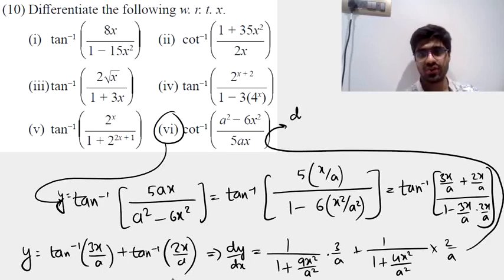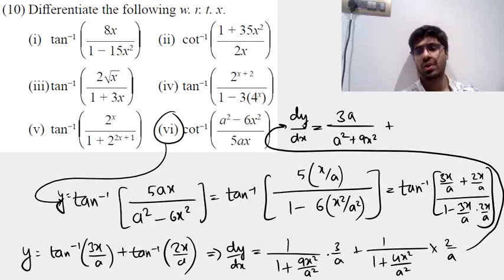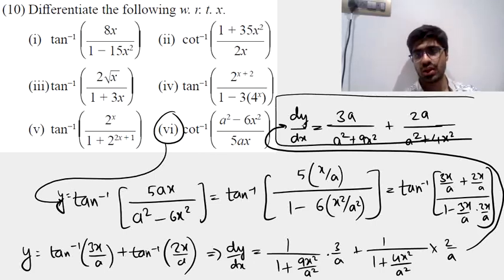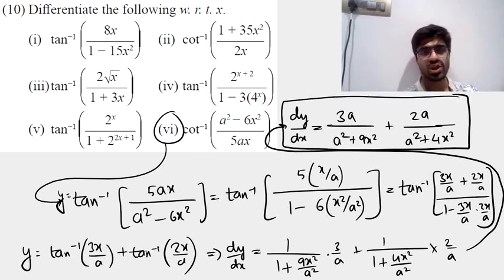So dy by dx will finally be, this is like a square plus 9x square, that a square goes up, a gets cancelled and you get a 3a in the numerator, 3a upon a square plus 9x square, plus similarly simplify this, so that will be 2a upon a square plus 4x square. Yeah, that's your dy by dx expression for the sixth question.